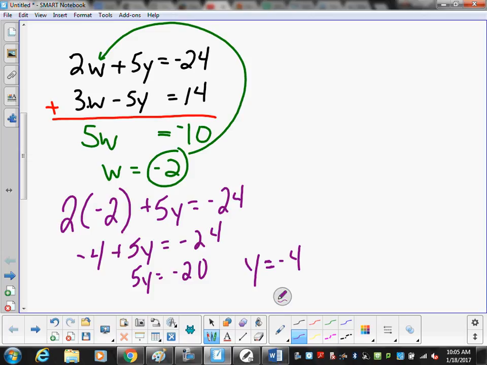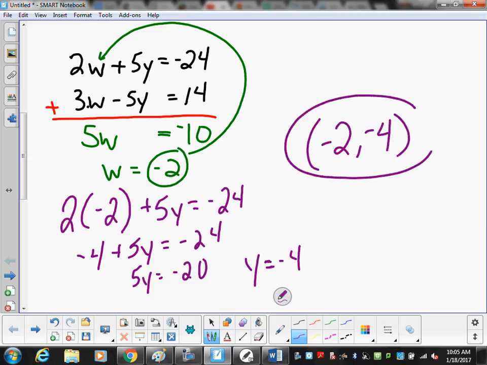So what is my solution here? The ordered pair, -2, -4. Yeah, if you've already got the opposite coefficients, this method is very easy.